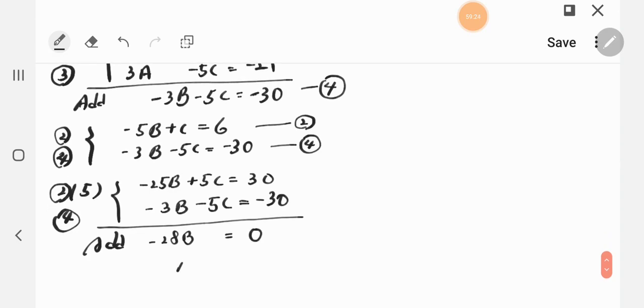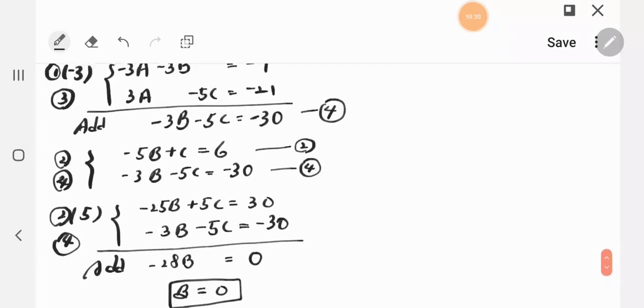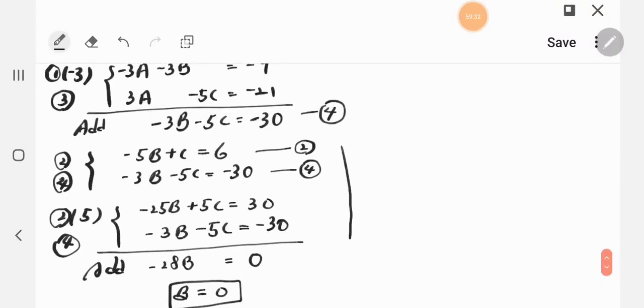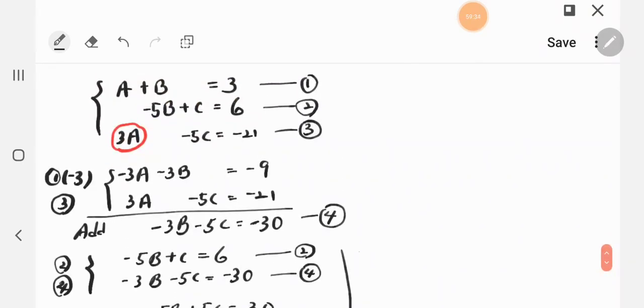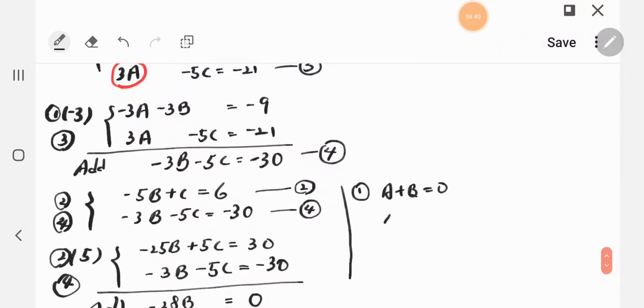So finally, b is equal to 0. Okay, we got the b value. Then from equation 1, a plus b is equal to 0.